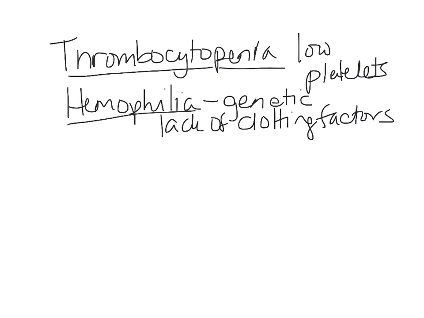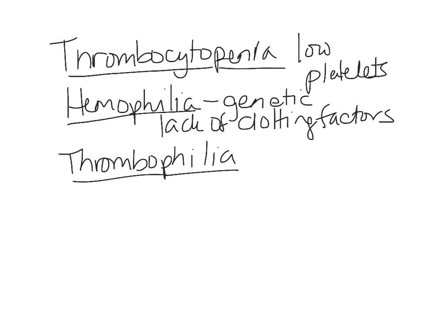Another term is thrombophilia. Thrombophilia. Philia is loving platelets, right? Loving platelets. So in this case, this is a clotting problem. An example of this is a DVT or a deep vein thrombosis. Most of the time you find those in the legs. On occasion you can find them in the arm, but that's more rare, but that does happen.